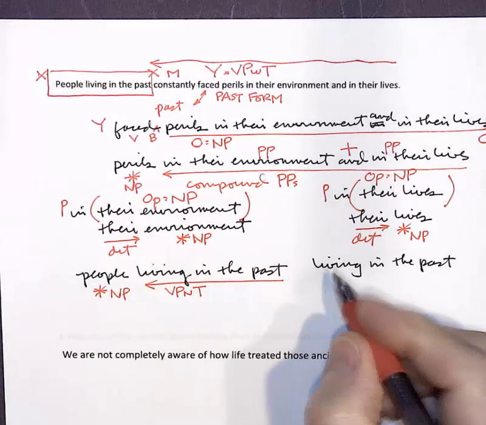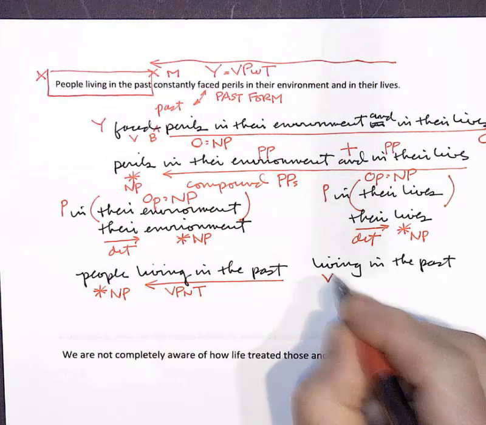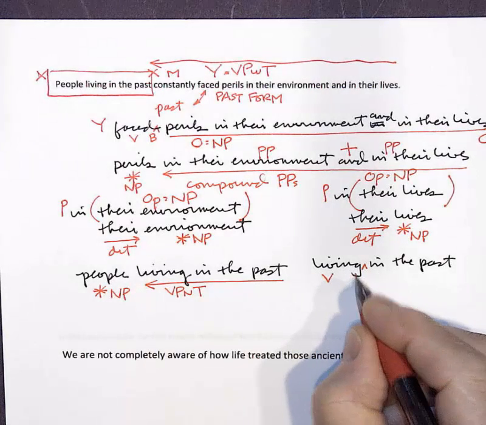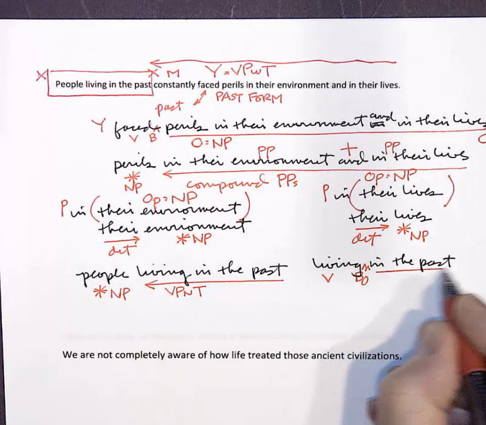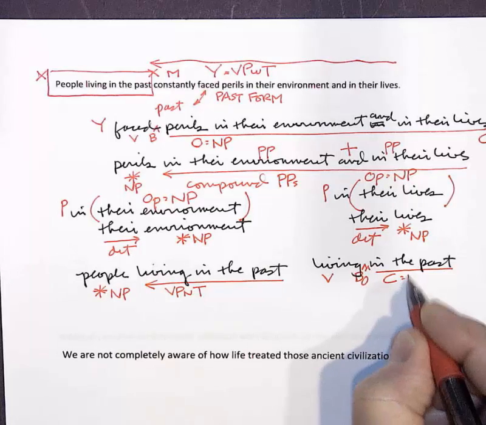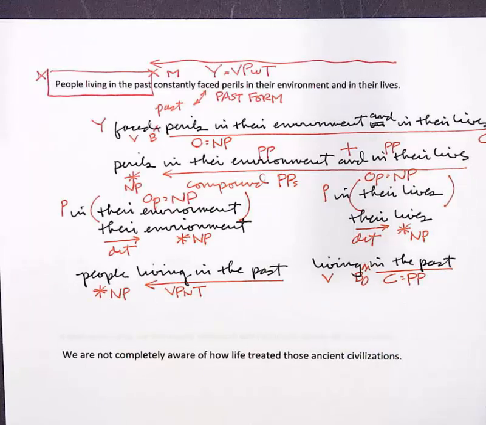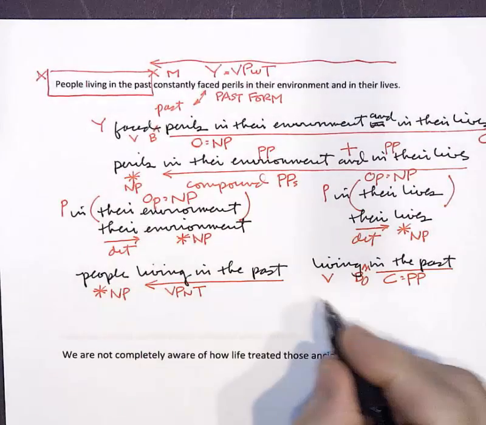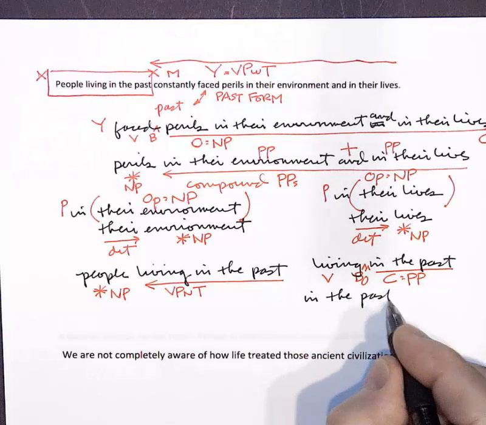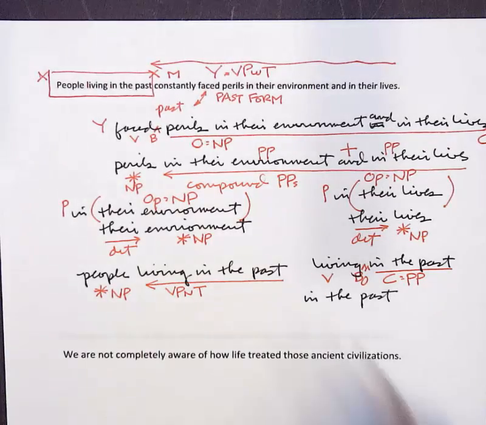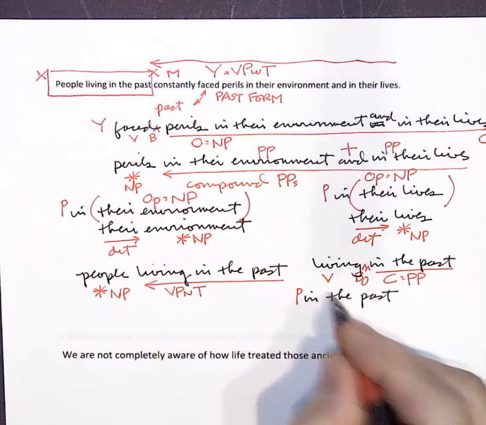And because it's a verb phrase, let's look for the verb, the particle, the object, and the complement place. In the past is a prepositional phrase. In the past, in is the preposition.